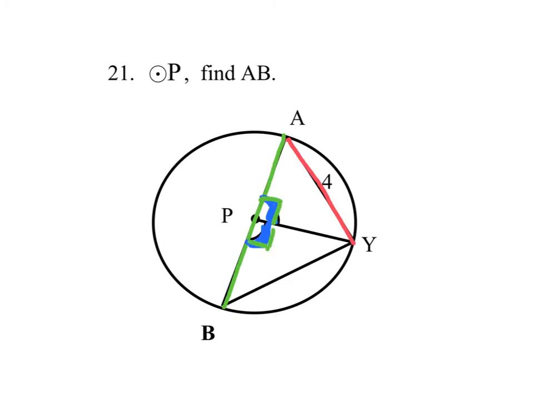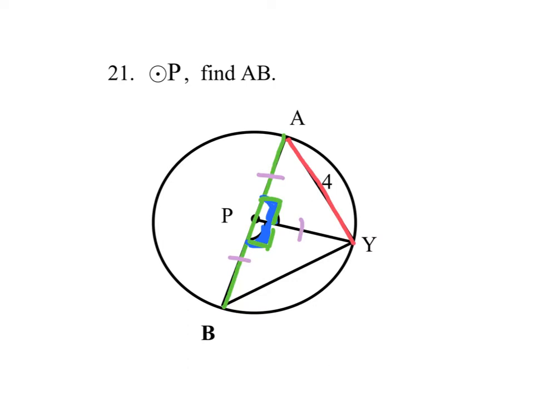Now I have 2 right triangles. The second thing that I'm really seeing here is the fact that PA is a radius and PB is a radius. So those are going to be congruent since they're both radii. The other interesting thing is that PY is also a radius.